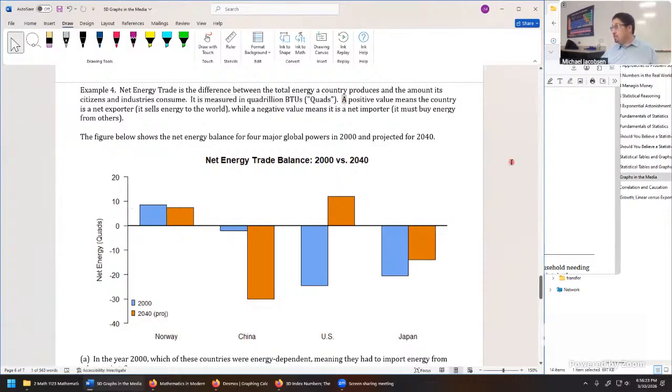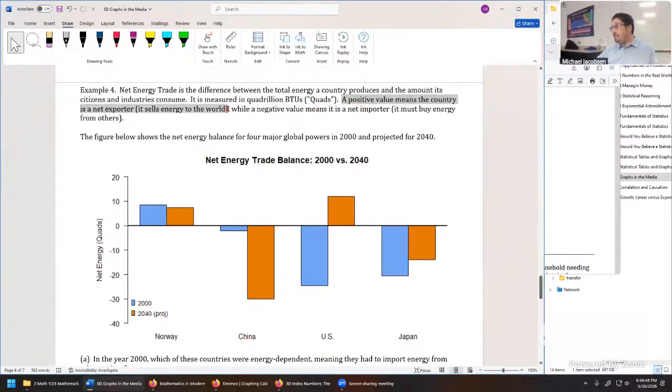A positive value means the country is a net exporter. That means they are producing more energy than their citizens and industries actually use. They have extra energy, and since they have extra energy, they sell it to various other nations. So positive means net exporter.